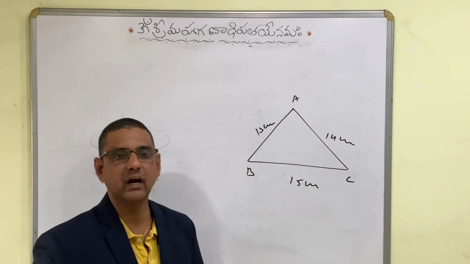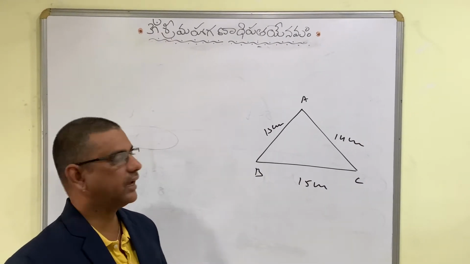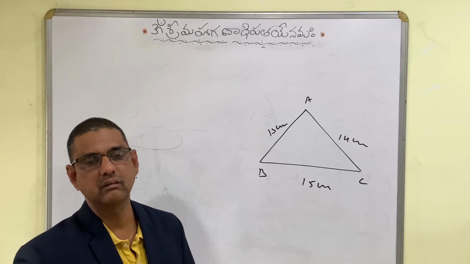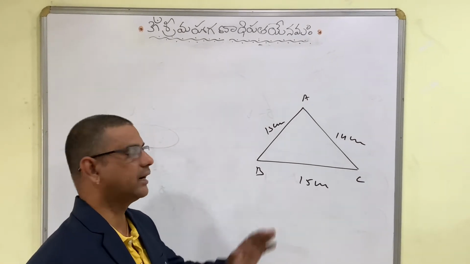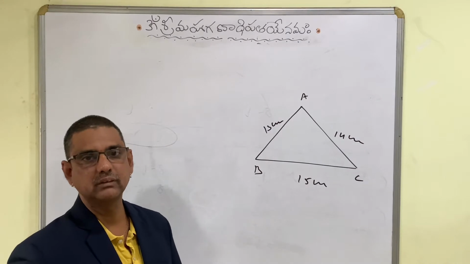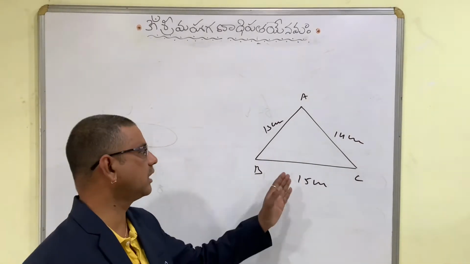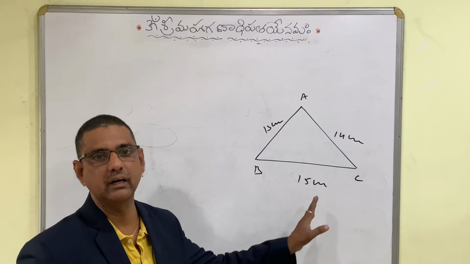His doubt was, can we find the values of trigonometric ratios for a non-right triangle like this? This is a scalene triangle, an acute scalene triangle.